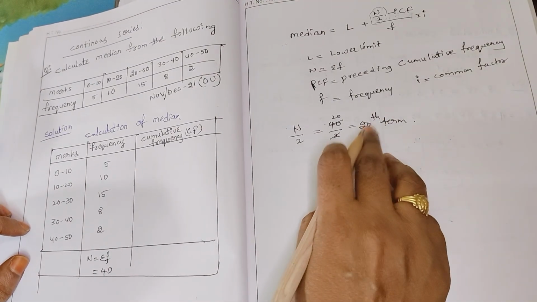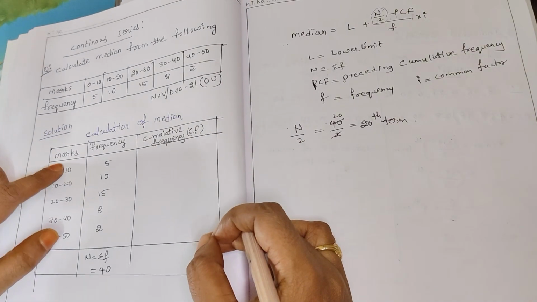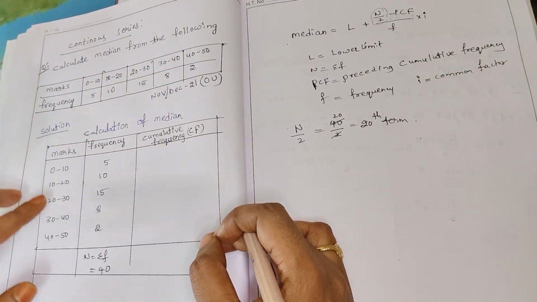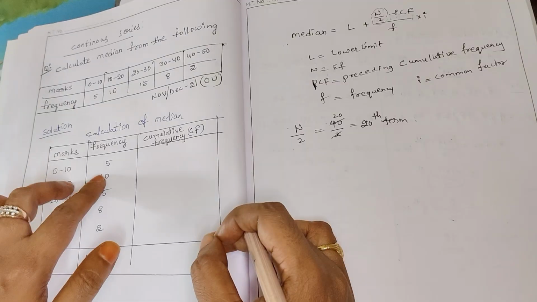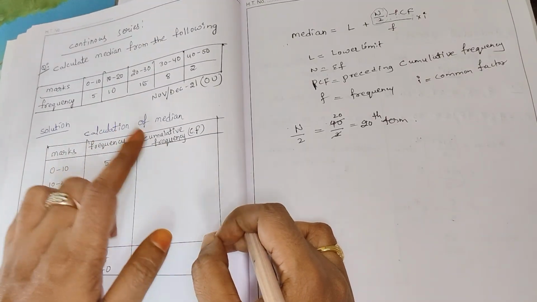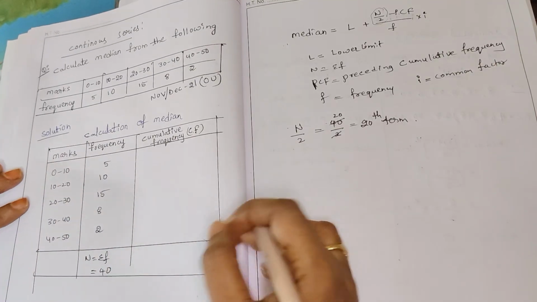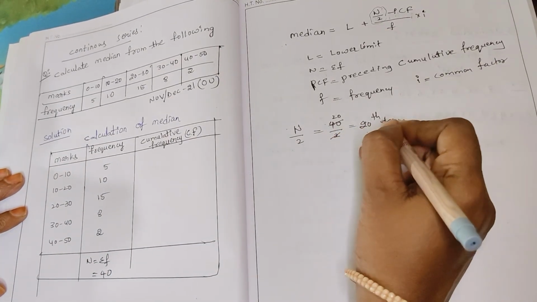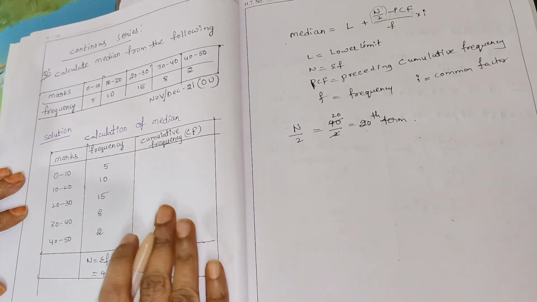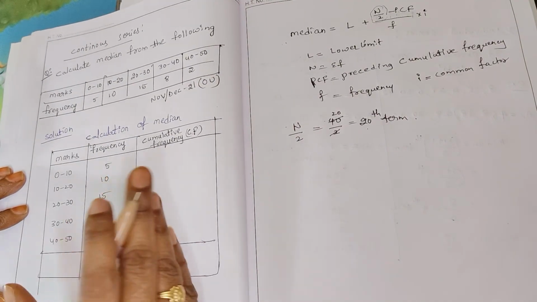So where should we check this 20th term? In the cumulative frequencies, because the marks and frequencies are given in the problem itself. These two columns we copy as they are, and the third, extra column is the cumulative frequency column. With the help of the cumulative frequencies, we can decide the median value. Here n by 2 is the 20th term. How do we calculate cumulative frequencies? We already know from the discrete series.